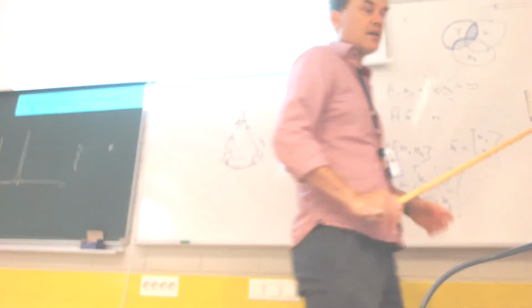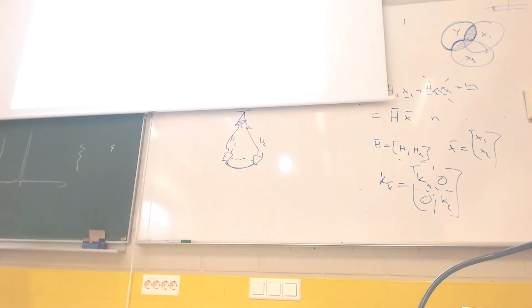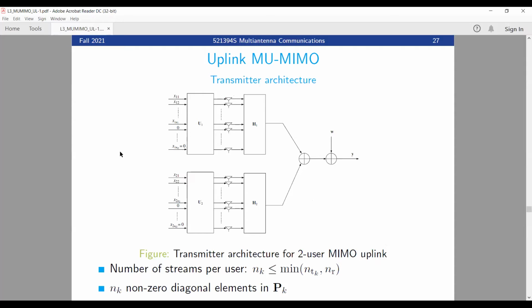Okay, this transmit architecture. Now, just like in the point-to-point MIMO, we can split the transmission using a precoder matrix. Then we have these individual streams. The dimension of the precoder is NT times NK, where NK is the number of streams that we transmit per user.